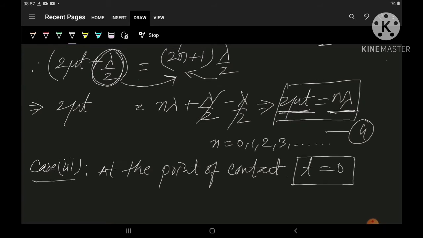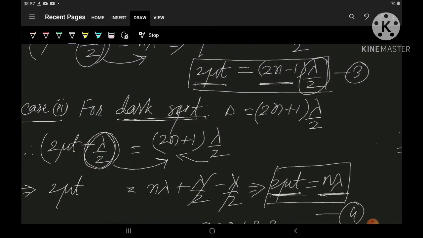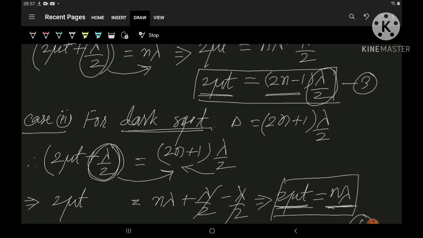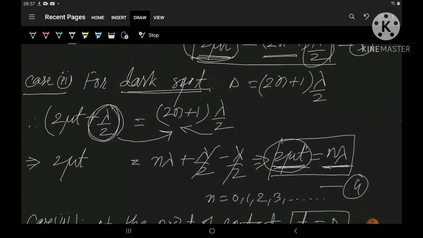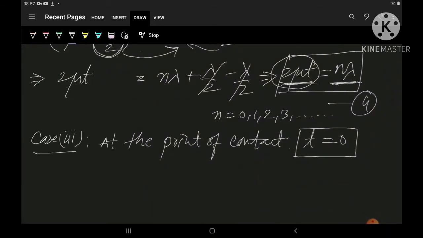So from equation 3 and 4, the nature of spot depends on the value of 2 mu t. So let's try to find in third case also the value of 2 mu t.